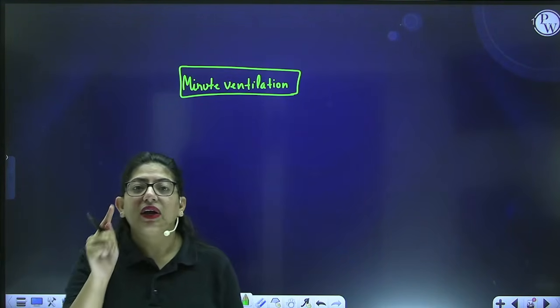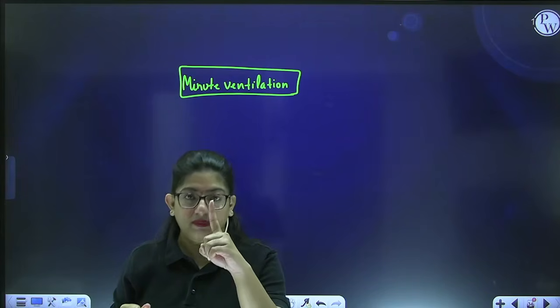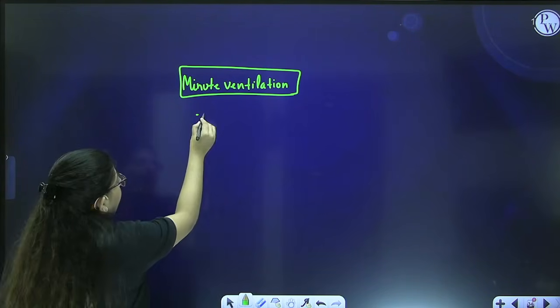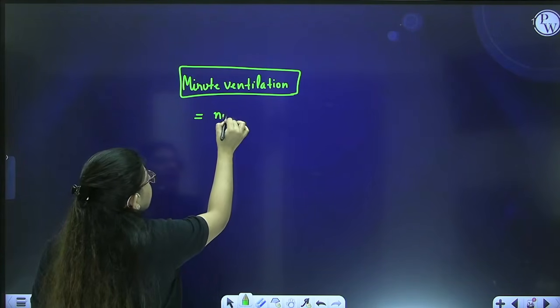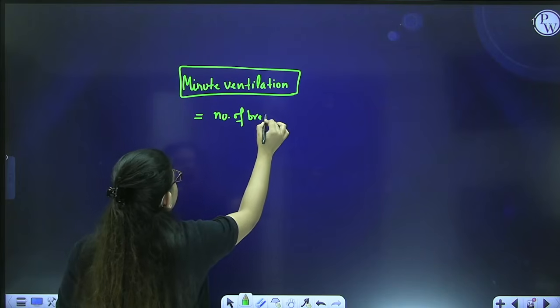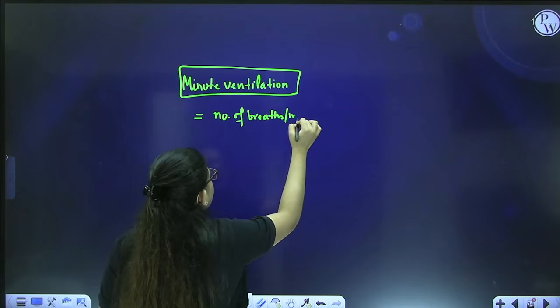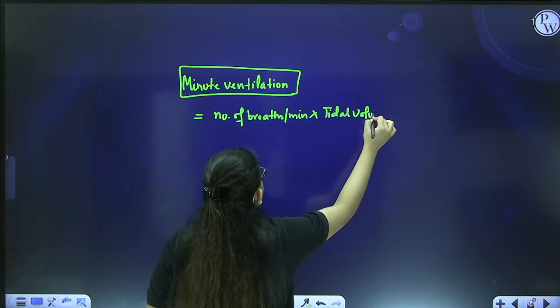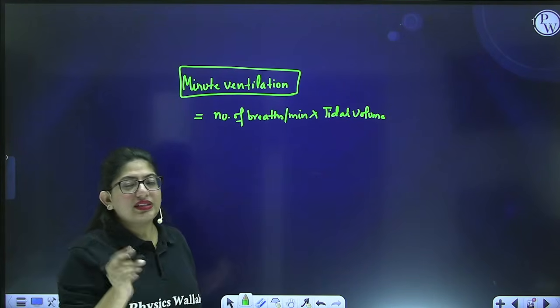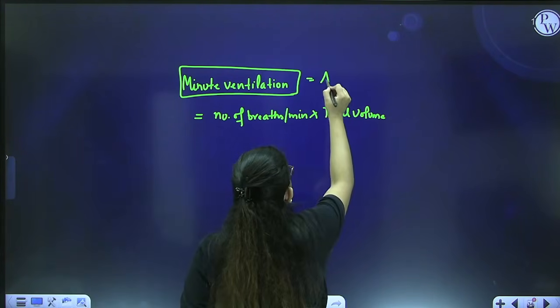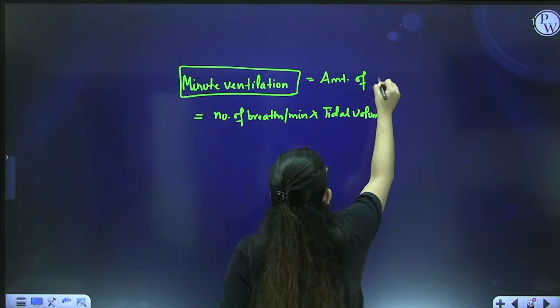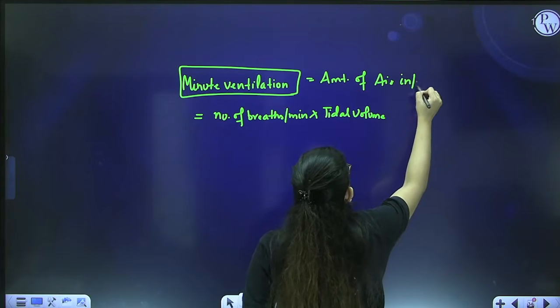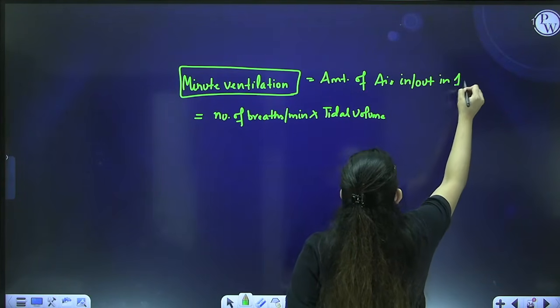And this has a formula: the number of breaths per minute into tidal volume. So minute ventilation is the amount of air inhaled or exhaled in 1 minute.